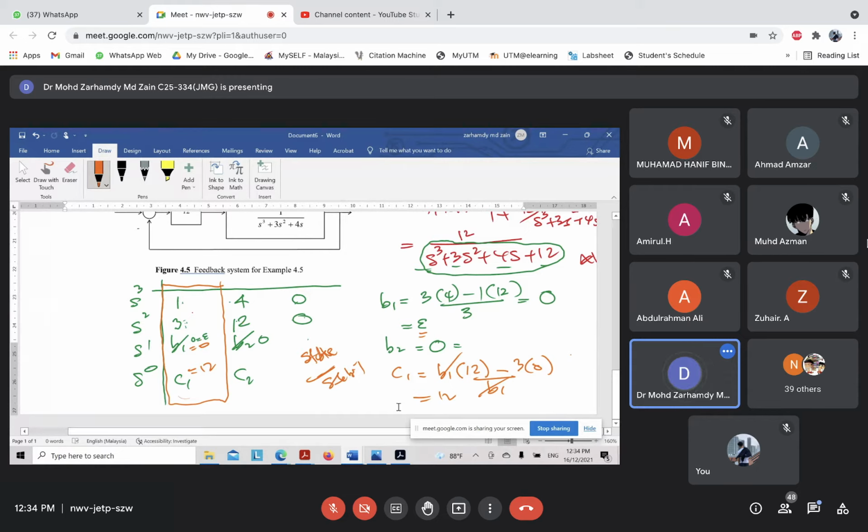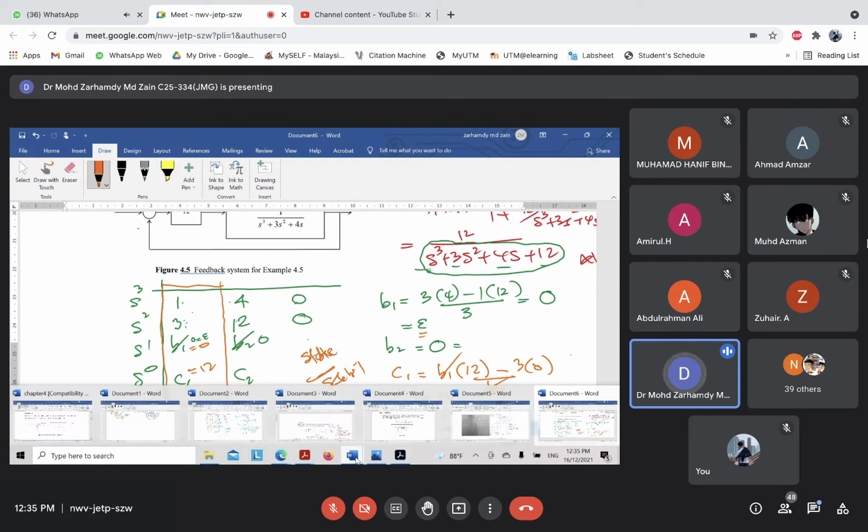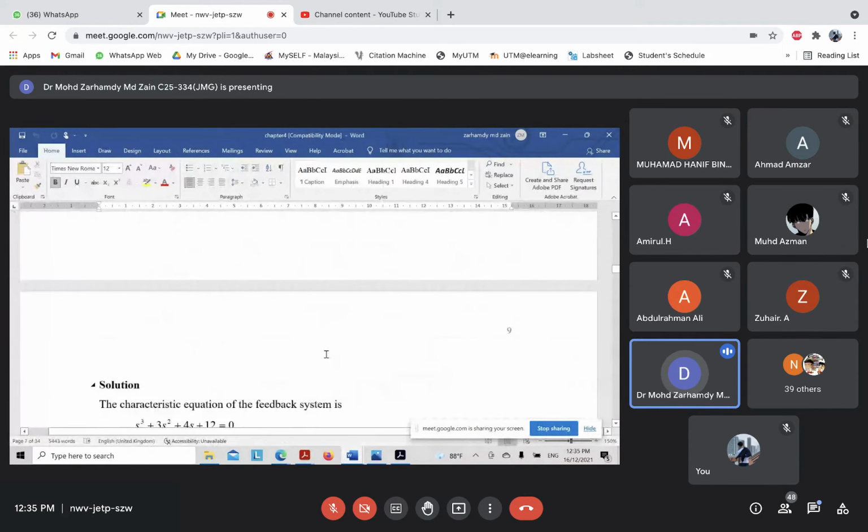Good. Alright, so now we have done a simple example of finding the value of K. So we finish that condition, and now we have another case.